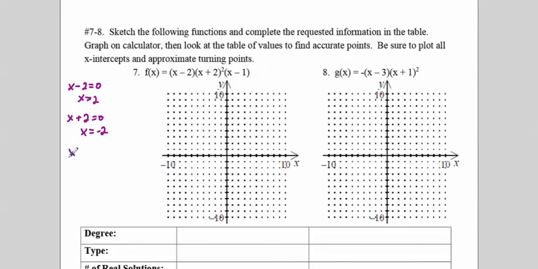And if I set x minus 1 equal to 0, that would give me an x-intercept of 1. So I'm going to mark those spots on the graph just to start out. So I have positive 2, negative 2, and 1. Alright, so let's look at the calculator and see what we get.